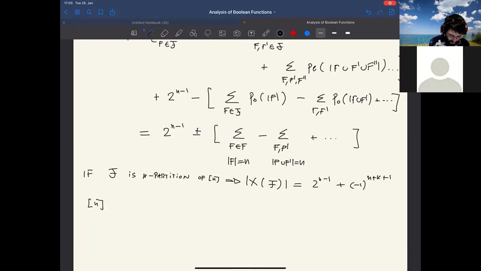But definitely I can partition n as a disjoint union of k sets, where k is as close as I want to the square root of n, and each set also.